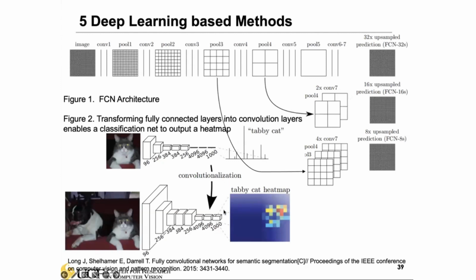If we isolate one prediction map, you can see on this heat map the probability of each of the classes in this data set. For Pascal, we have 21 classes, considering the background.